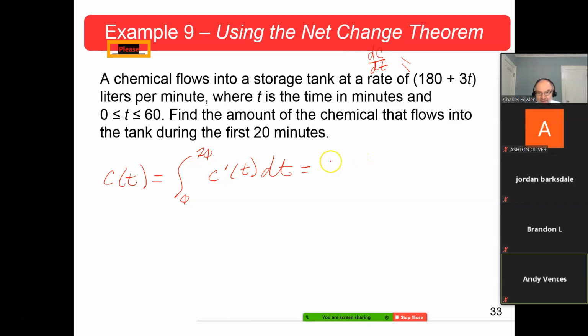So that would be, let me make sure of this, 180 plus 3t evaluated from 0 to 20. Okay, and this would be 180 plus 120, no, 60, I'm sorry, I don't know where my brain is this morning, minus 180. So this is just 60.